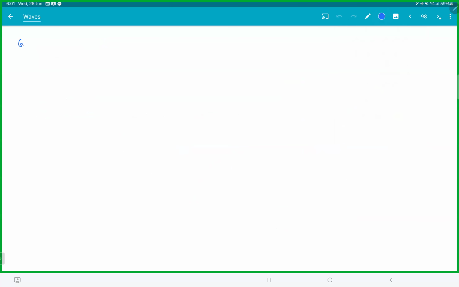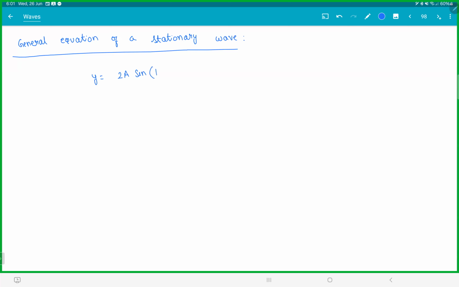General equation of a stationary wave: y is equal to 2a sin(kx plus phi 1) sin(omega t plus phi 2).